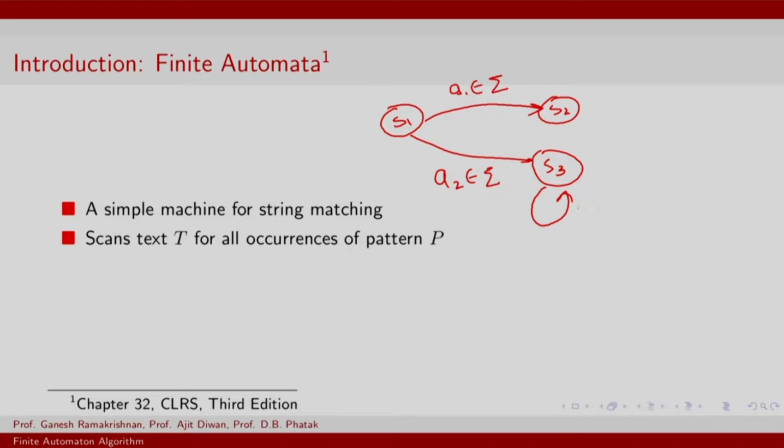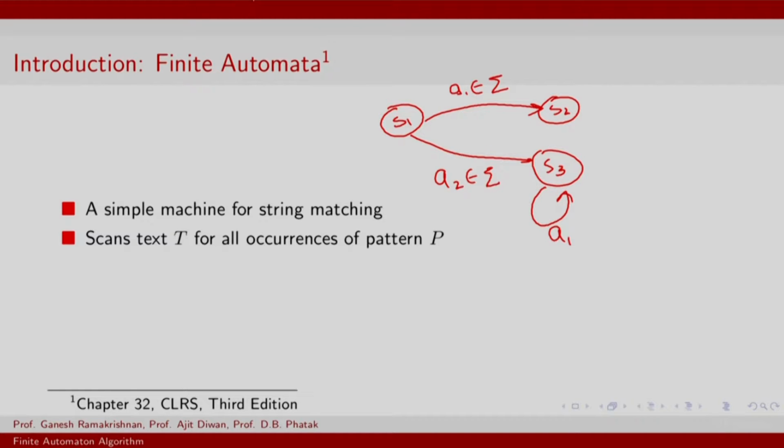You can also have self loops on certain characters. You cannot have outgoing transitions to two different states on the same symbol. So it's not possible to have S1 go to S3 on A1. We are interested in deterministic automata; a transition of this sort is allowed in non-deterministic automata.